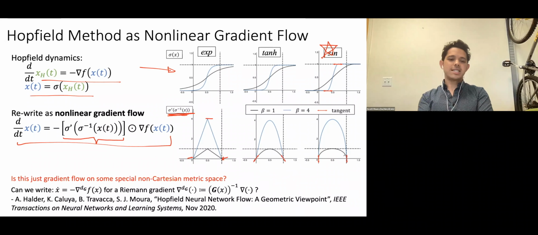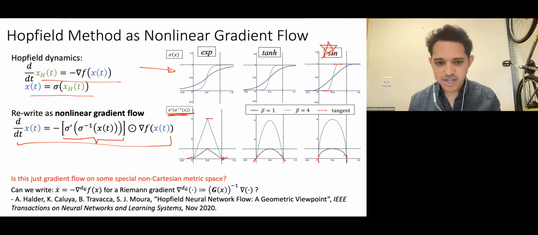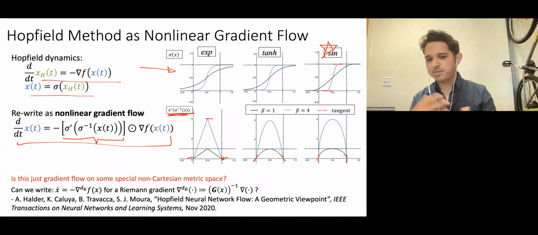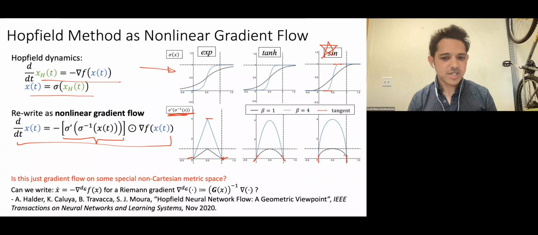Once you see this, some of you may be asking, well, this just looks like gradient flow, but maybe not in some Cartesian metric space, maybe in some alternate metric space, with this Riemannian gradient defined by this matrix tensor G. So then we started looking at a geometric interpretation of what's going on here. What is this metric tensor G?